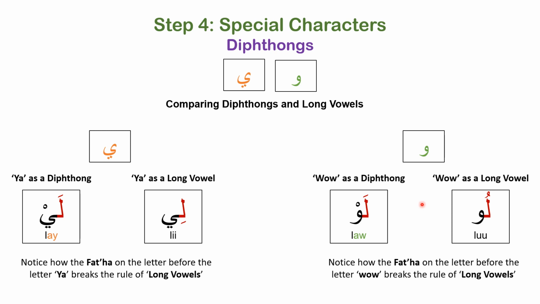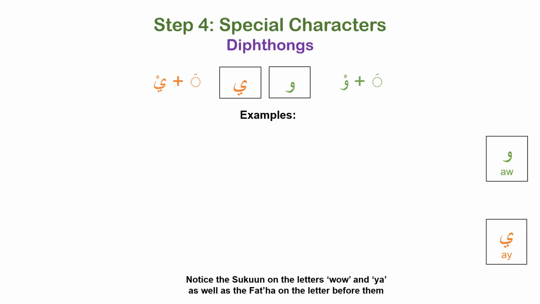So the fatha here means we do not pronounce this as lu anymore, we pronounce it as law. The fatha here means we don't pronounce this as li. There is a fatha on the lam. It is now pronounced lay. Awesome. So now let's look at some more word examples where we can see these diphthongs in action.